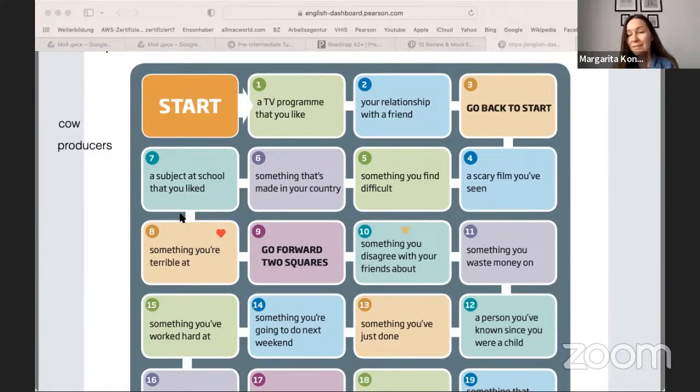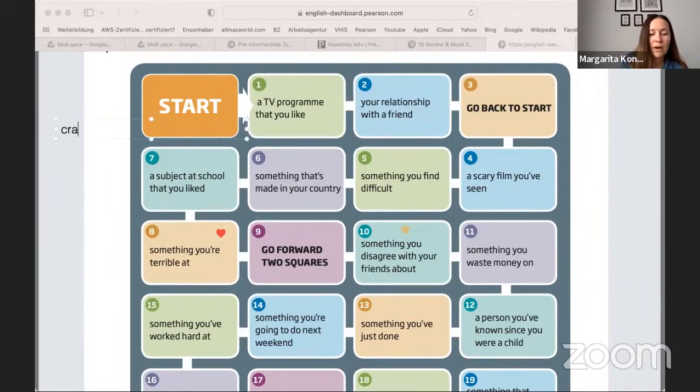Knitting. Okay. When I was a child, when I was at school, I used to knit soft toys in craft lessons.